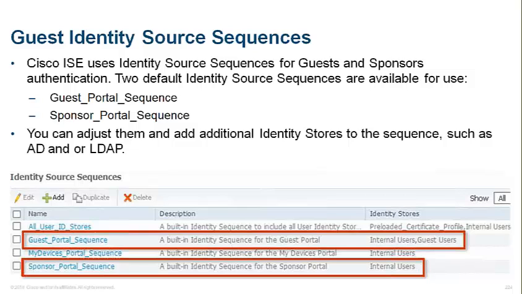So you can make a sequence of stores, ID stores they call them. And if one's down, you can move on to the next one. So the identity source sequences, and you can bring an LDAP there and go to other sources with LDAP.